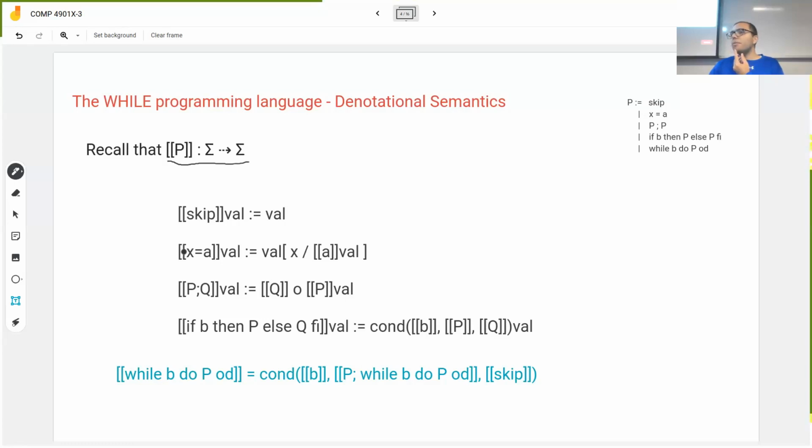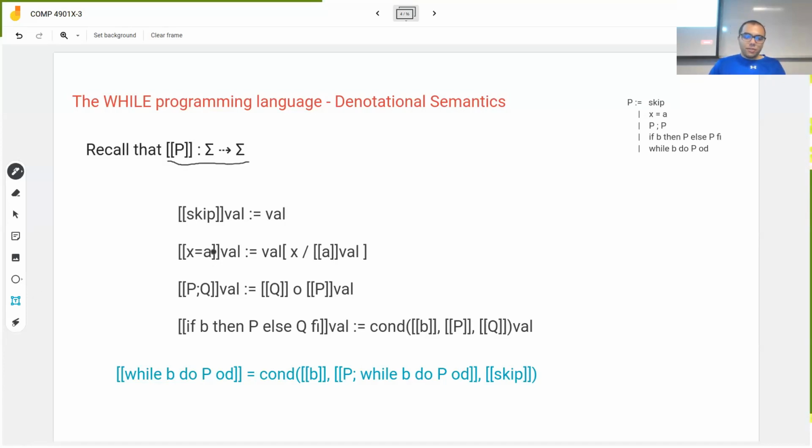So the meaning of every program is just a transformer that takes an initial state and gives us a final state. And for some initial states, it just doesn't give us any final state because the program doesn't terminate or has an error or something like that. For example, you can also define it so that if you had division by 0, the entire program is undefined.